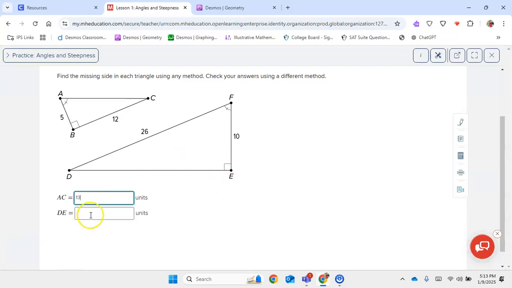To find DE, we look at the smaller triangle. They give us the small and the medium. So we want to find the medium, and the small is 10.